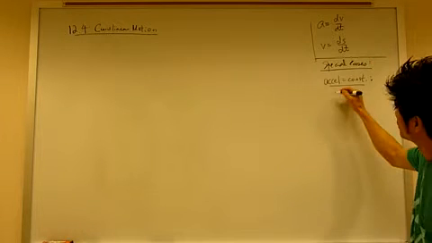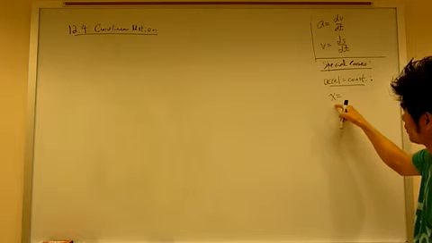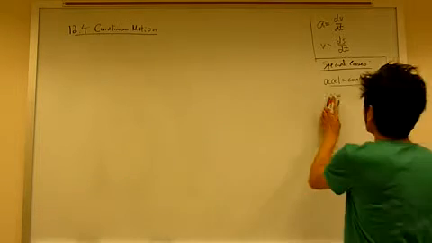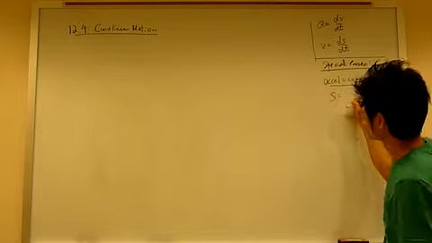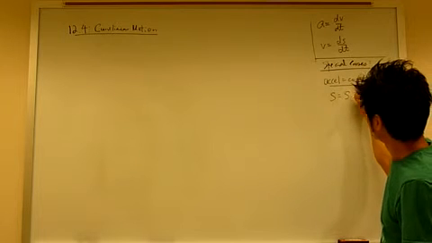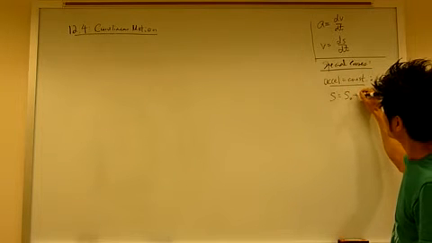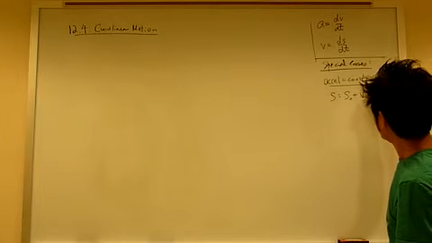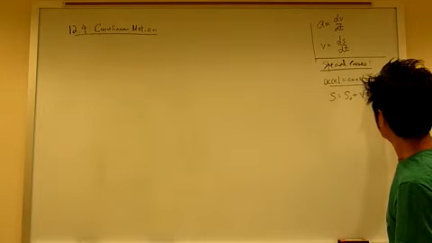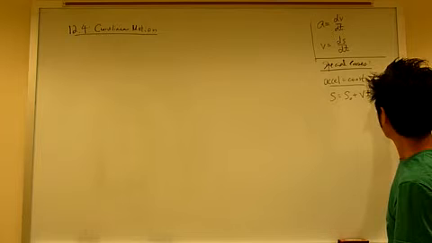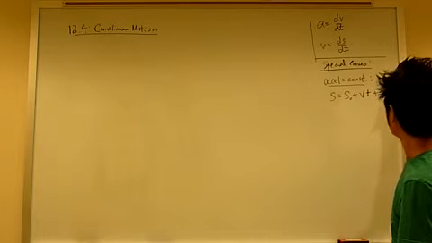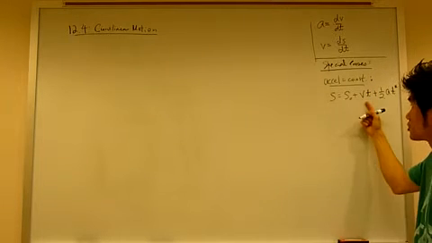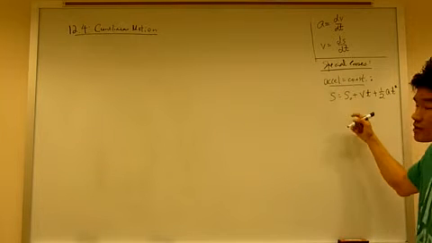The result is you can find s, which is the position, equals the initial position plus velocity times time plus 1/2 a t squared. Okay, so that's the first result when acceleration is constant.